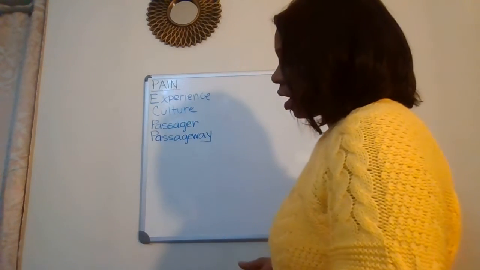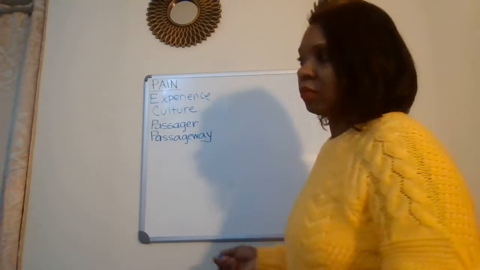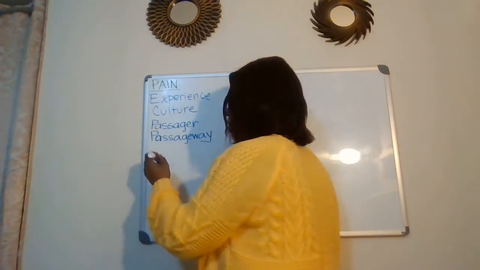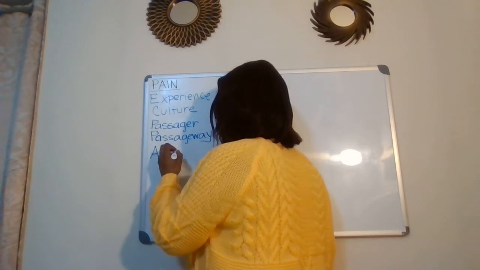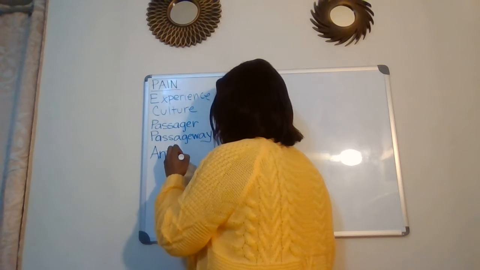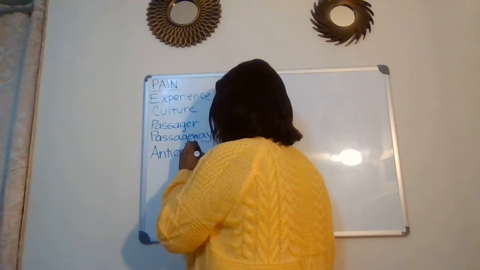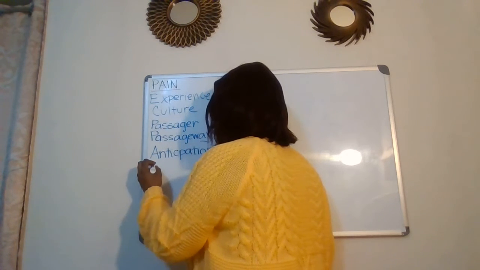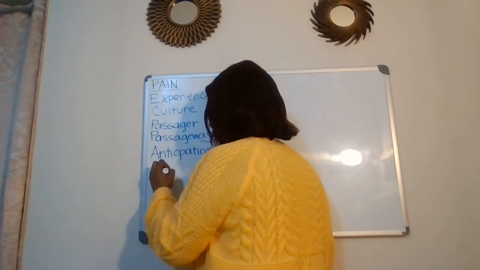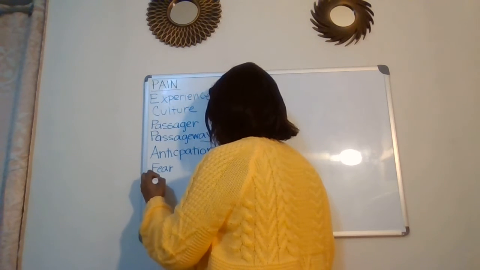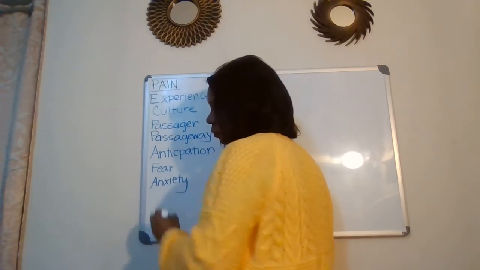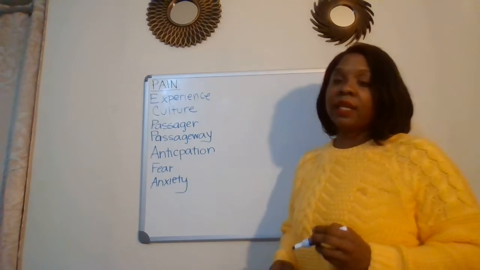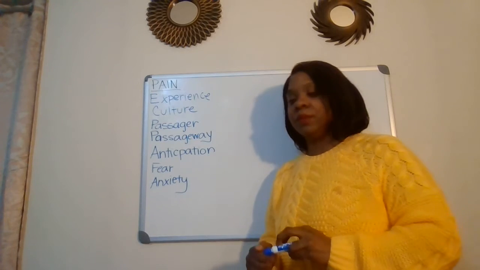Another factor that can influence pain is feelings, anticipation, right? How's she gonna feel when she finally has to deliver a baby? Okay, she may feel fear and anxiety. Now, fear and anxiety cause problems, and here's why.